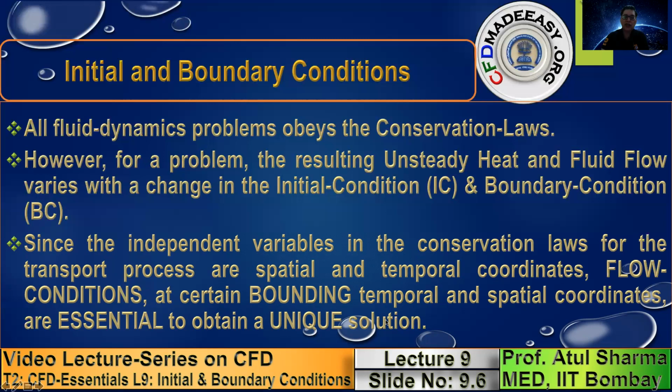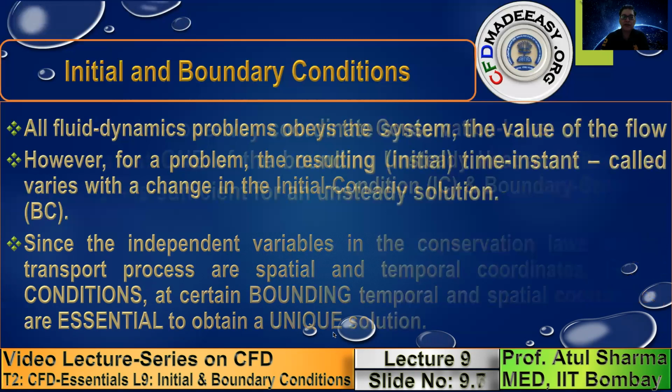Time is a one-way coordinate system. So we need only the time-wise condition of flow at an initial time, which is called the initial condition, which I'll present in the next slide. Whereas as far as the spatial coordinates are concerned, we need the flow condition at all the boundaries of the computational domain, which is called the boundary conditions. So we need flow conditions at certain bounding temporal and spatial coordinates to obtain a unique solution in fluid dynamics.